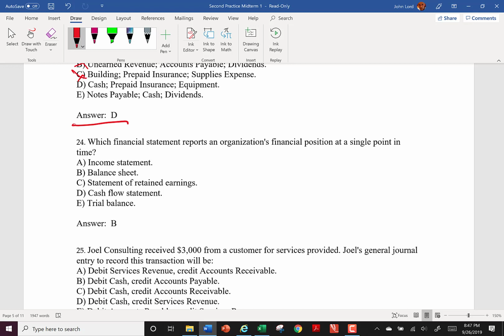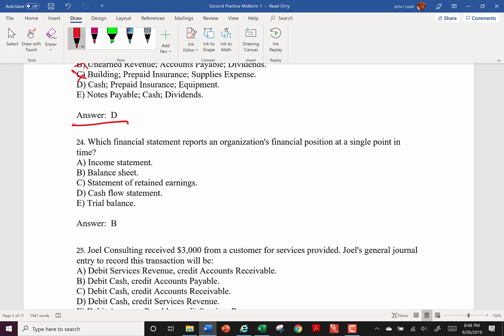Okay, good. Which financial statement reports an organization's financial position at a single point in time? Stop for a second. When we talked about your balance sheet, we said it was like your wallet, wasn't it? If they say how much cash you have, you look in your wallet and you see how much cash you have at that point in time, right? If I say how much money do you have, you don't say, you mean yesterday?